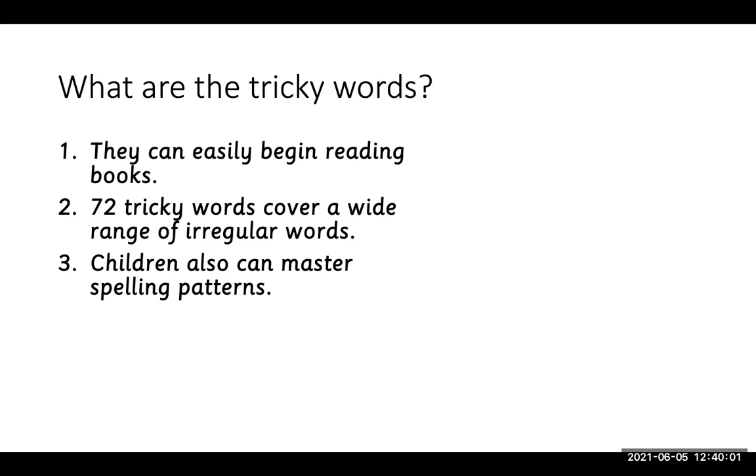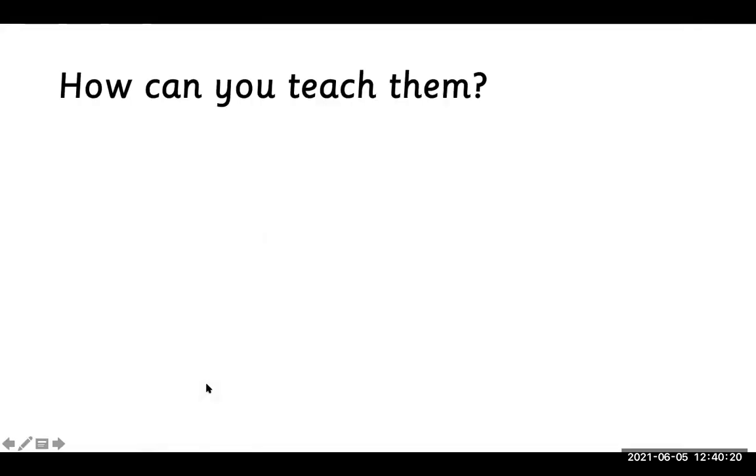The tricky words can help you in reading books. These 72 tricky words cover a wide range of irregular words, and children can also master spelling patterns. The tricky words make reading easier, and you can find them in all of the readers.